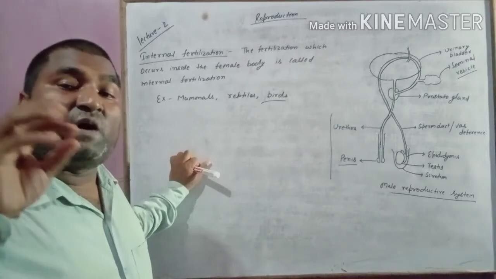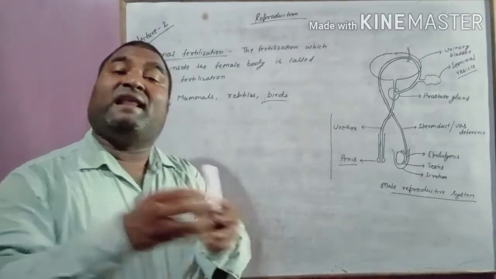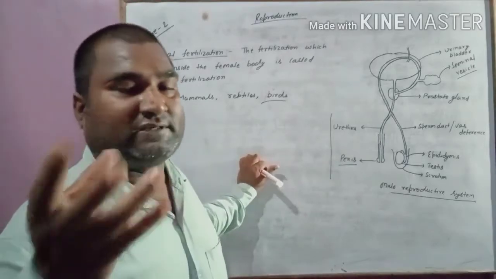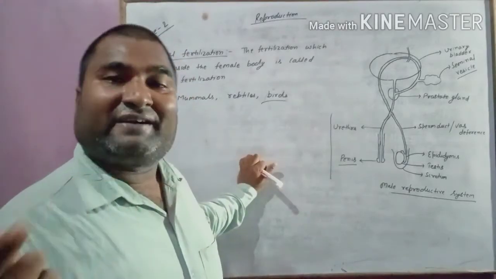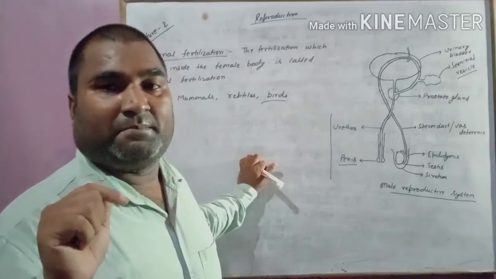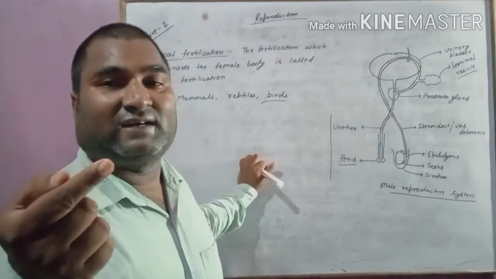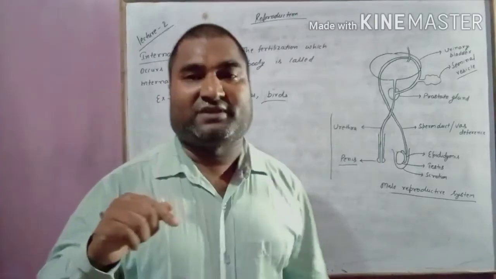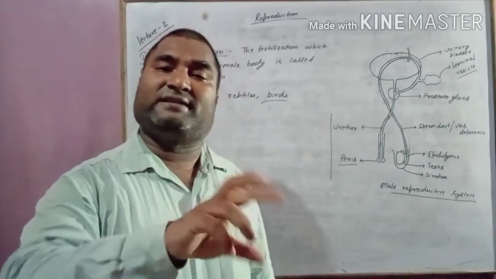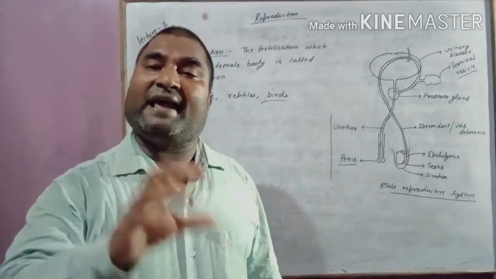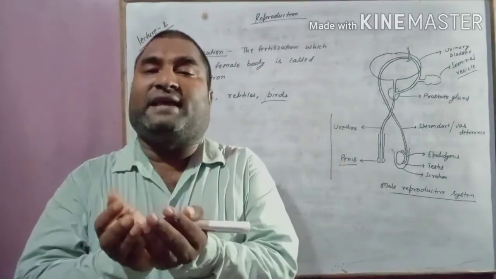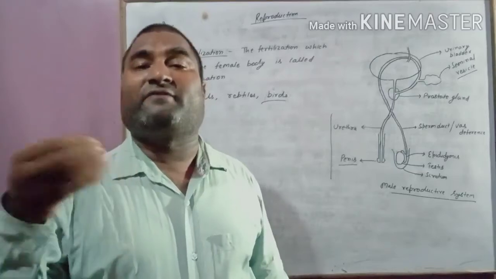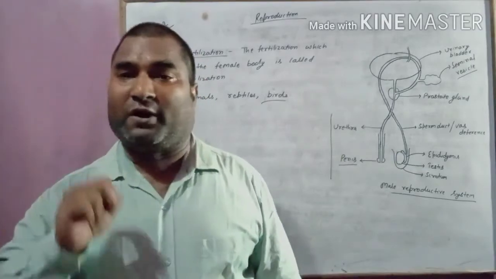Such organisms are called viviparous. And if the organism lays eggs, for example reptiles, fertilization is internal but the development of the young one takes place outside the body. After fertilization they lay the eggs, and in the eggs the embryo is there, and the maturation or complete development takes place outside the body.